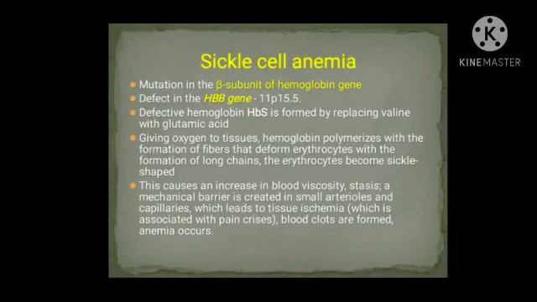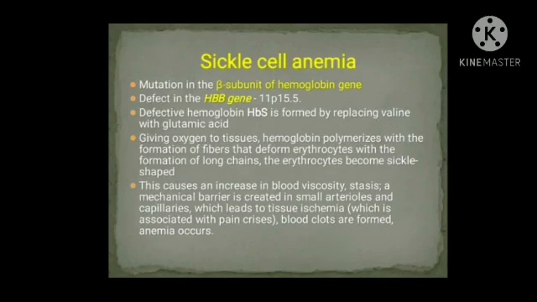Mutation in the beta subunit of the hemoglobin gene. It is on chromosome number 11, the short p arm. Defective hemoglobin is formed by replacing valine with glutamic acid.